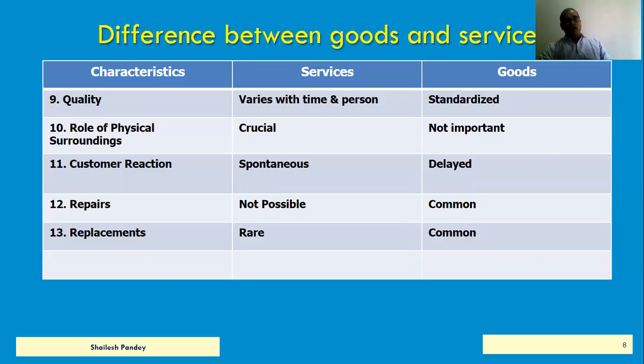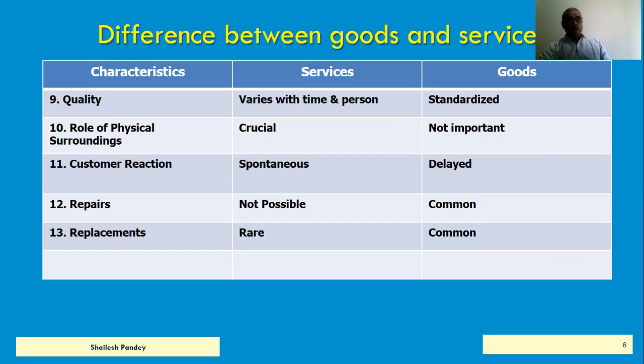It depends on time and person, and who is offering you the services, that is also important. So you can find quality fluctuating in services, but in goods the products are standardized.